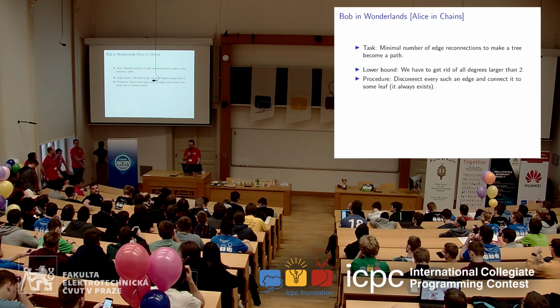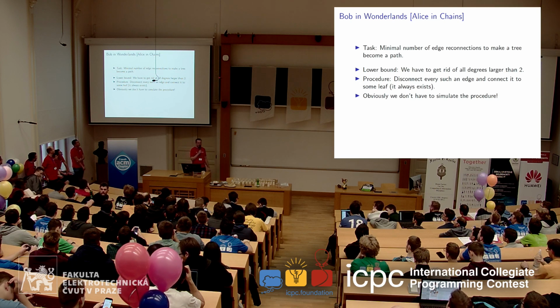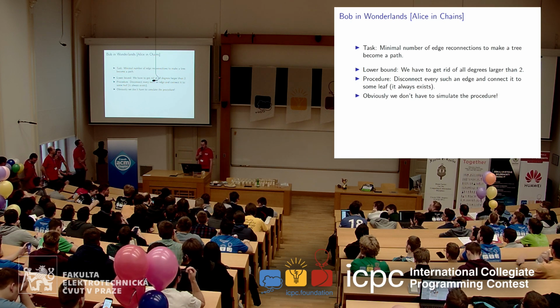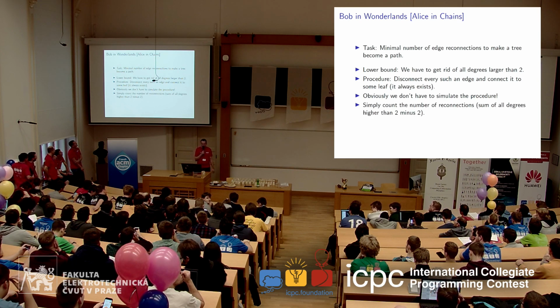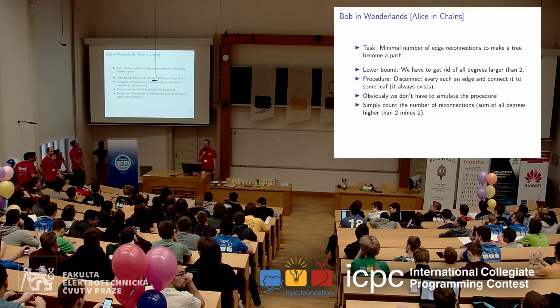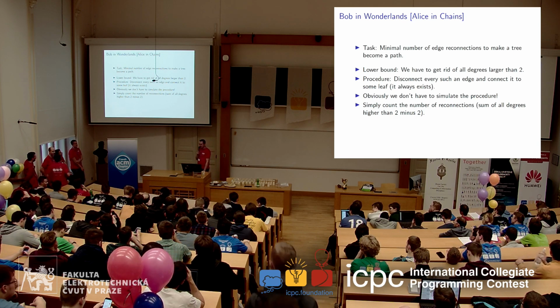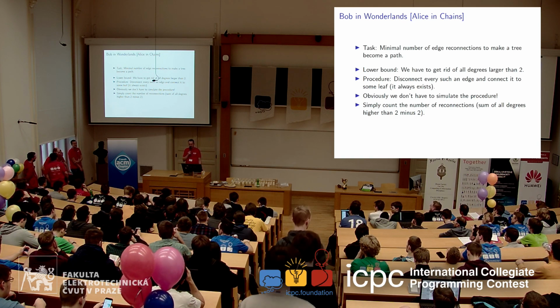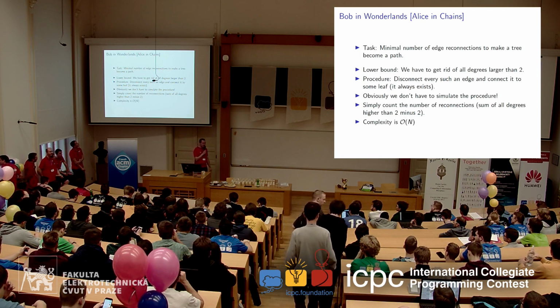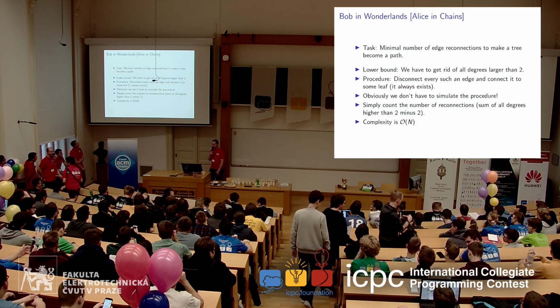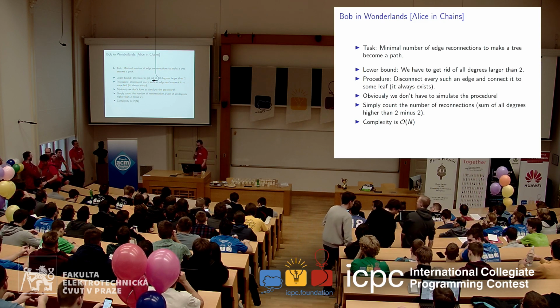And what's the catch? The catch is that we don't have to simulate this process. So this boils down to just counting the number of reconnections, which is the sum of degrees higher than 2, minus 2. And the target complexity was linear. So really an easy task.